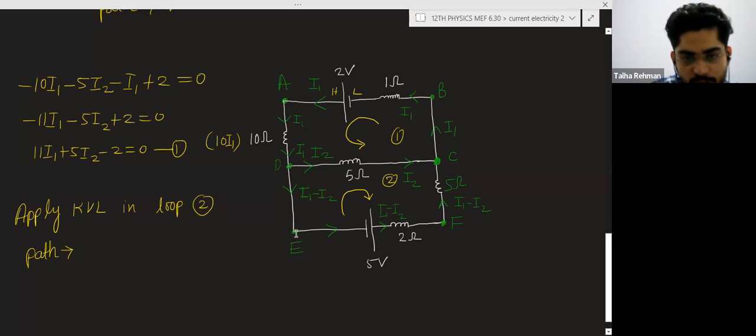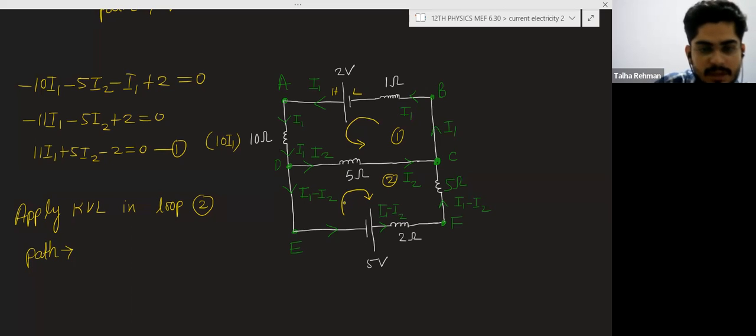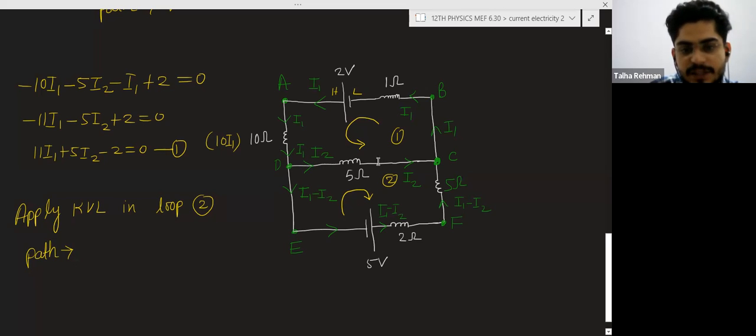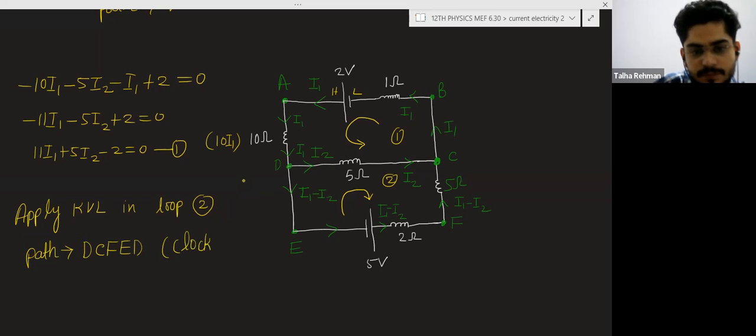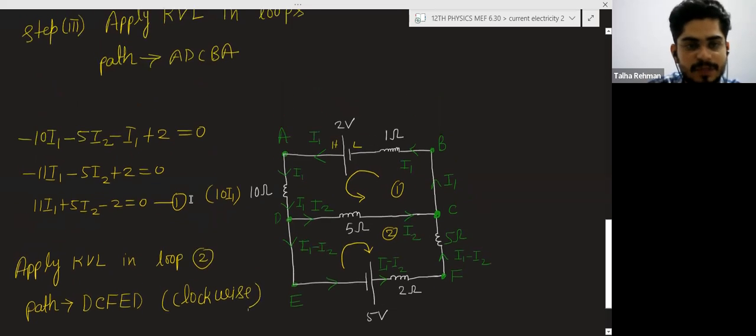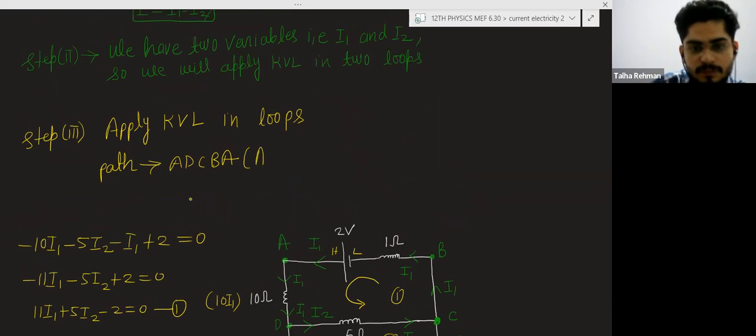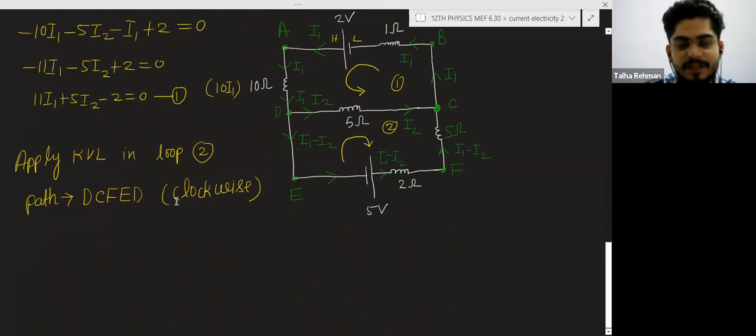This is the path, which means you are moving clockwise. This is the clockwise path, and the other one you chose is anti-clockwise. So now we will apply the equation.